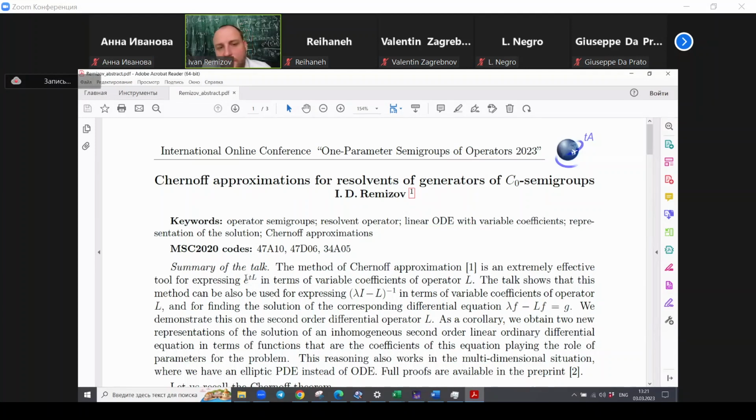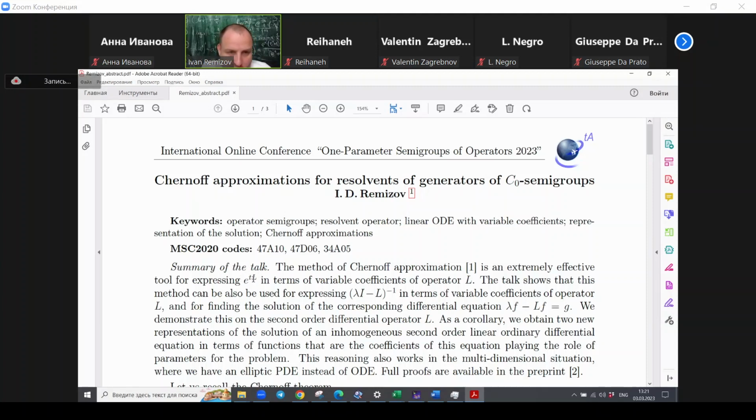If operator L is not bounded, then the power series is not such a good object. But there are unbounded operators that still possess the property that the exponent of that operator exists. Such operators are called generators of C0 semigroups. This is not a formal definition, just explanation. What does it mean?